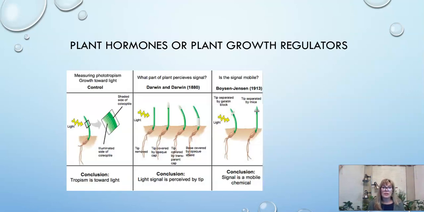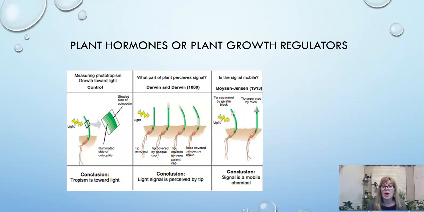So let's look at one of the experiments that was done where they wanted to look at phototropism within little shoots of plants. So they did some experiments, and in 1880, it was Darwin and his son, and they decided they would do these different seedlings in a variety of different treatments. The center diagram shows it the best, where the tip of it, called the coleoptile, was removed.